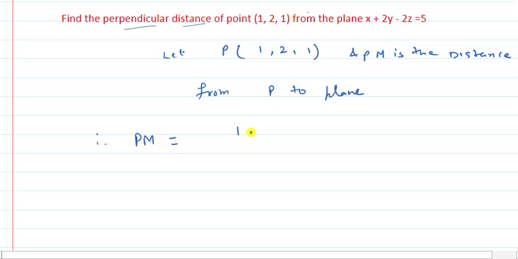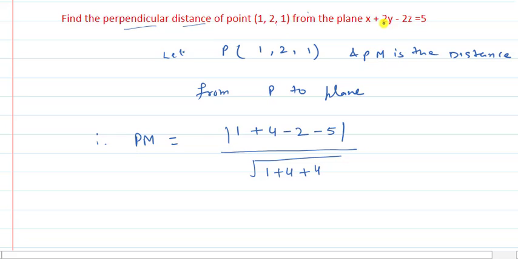So let us replace: modulus of 1 plus 4 minus 2 minus 5, because this 5 when will come to left hand side will be having negative sign, and upon square root of a square plus b square plus c square, that is 1 square plus 2 square plus minus 2 square.